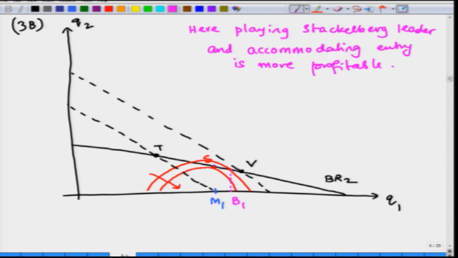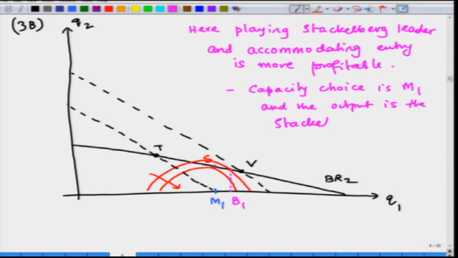So, in this case the capacity choice is M1 and the output is the Stackelberg level of output. So, this is the entire taxonomy of the entry deterrence and entry accommodation strategies of the incumbent firm.